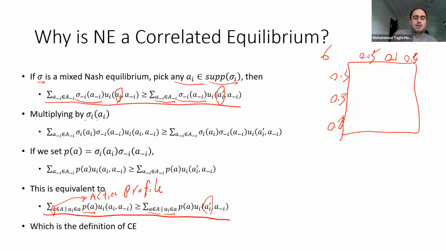Now, you will multiply both of them by sigma of a_i. What is sigma of a_i? Sigma of a_i is essentially the probability that we are choosing a_i. So we just multiply both sides by sigma of a_i.